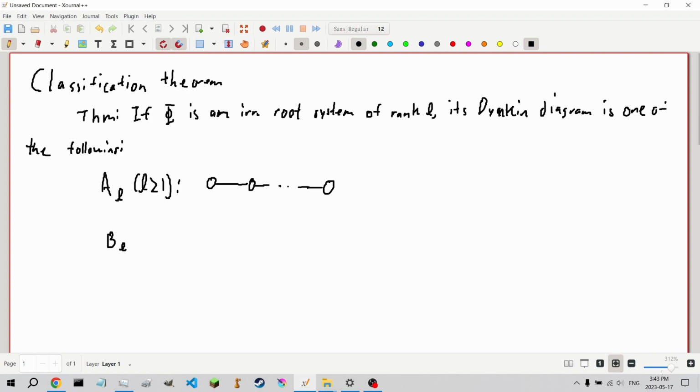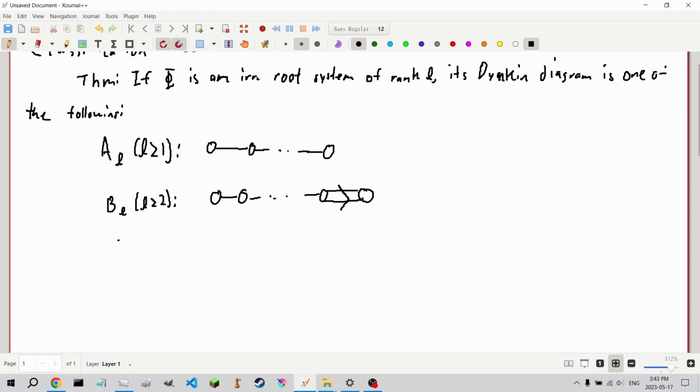There's B_L for L at least 2, which looks like A up until the end, where we have a double path connected outwards. We have C_L for L at least 3, which is the same once again, except this time the very last connection is pointing in the opposite direction.